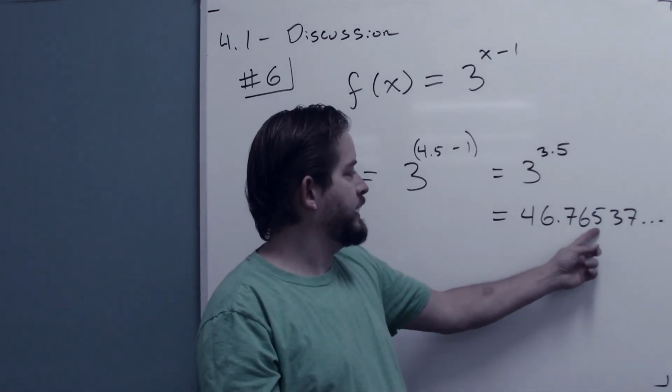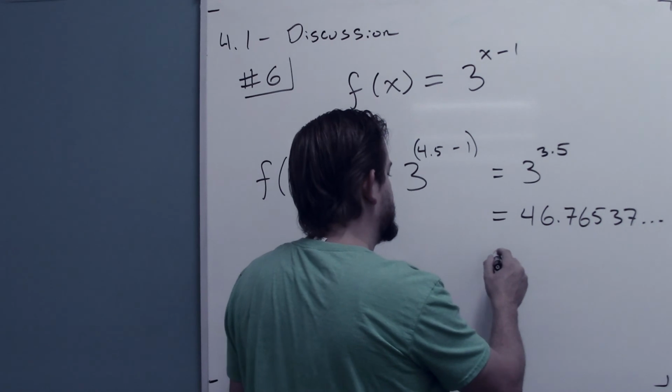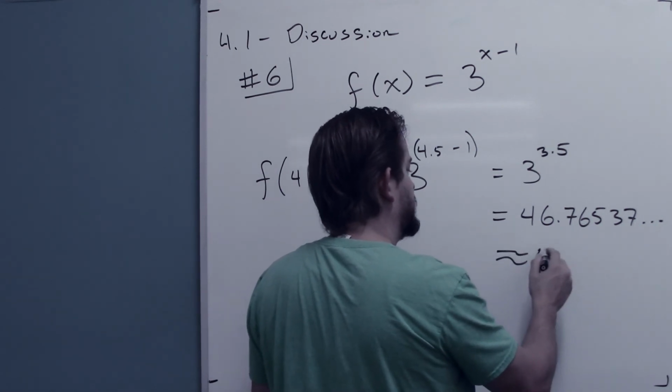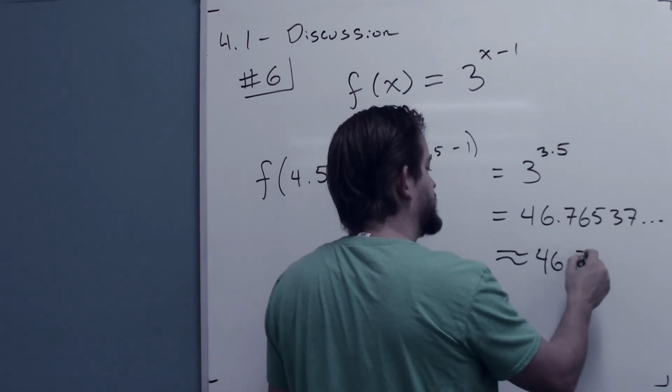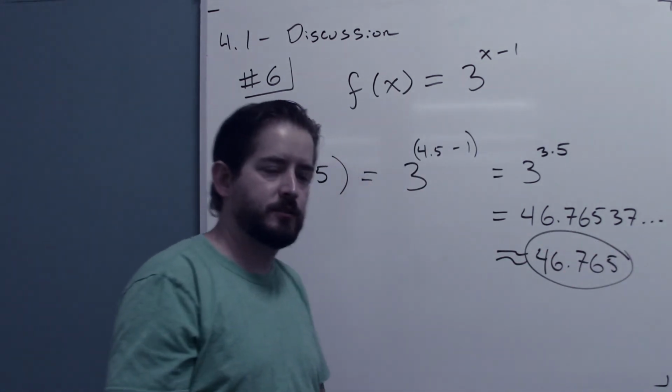So 765, the next digit's not big enough to justify an increase, so this is evaluated to be 46.765, and that's what I would put into my solution.